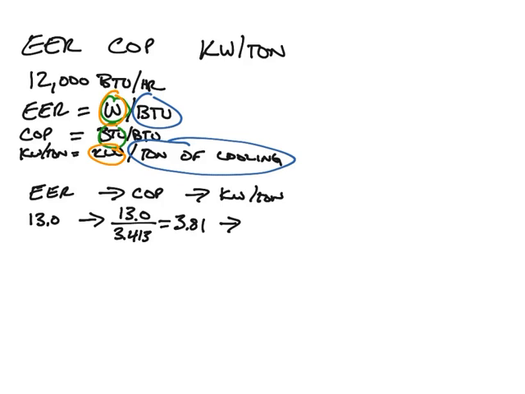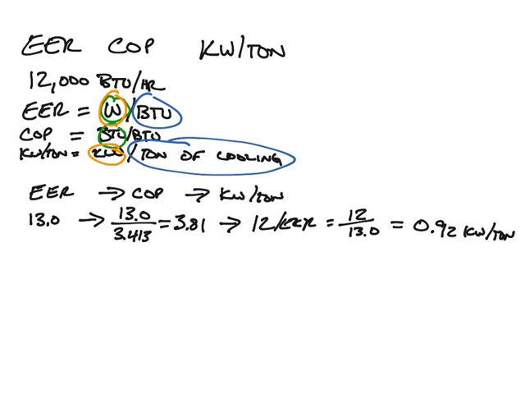So 12 divided by the EER, which is 13.0, equals 0.92 kW per ton.